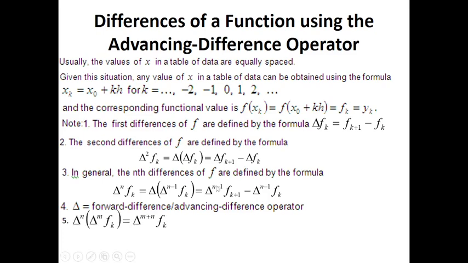And then we have the property: delta to the m times delta to the n f sub k is simply, we add the exponents, delta to the power of m plus n f sub k. So that's a property of the operator. It follows the laws of exponents.